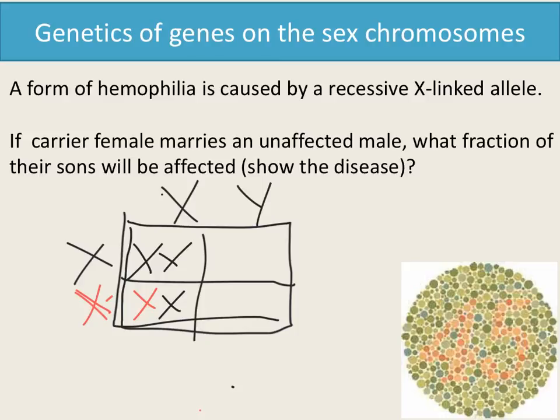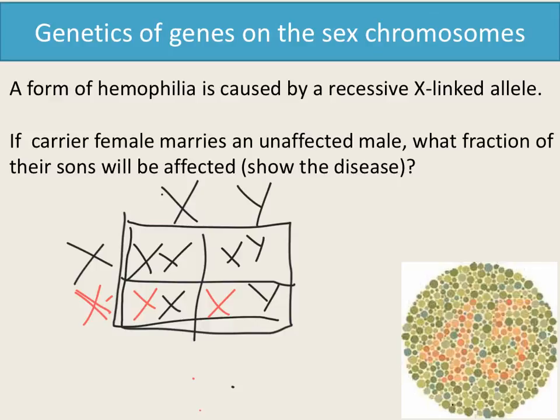And then we have a male that's normal male, XY. And then we have a mutant male, XY. So it asks, if a carrier female marries an unaffected male, so the male doesn't have recessive hemophilia, what fraction of their sons will be affected?